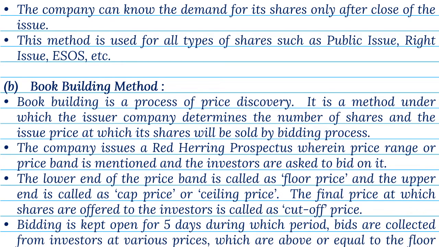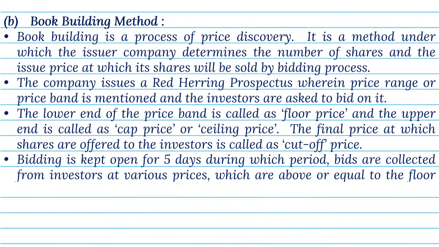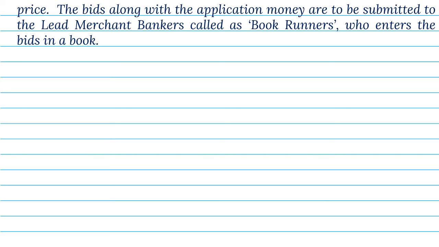Bidding is kept open for 5 days, during which period bids are collected from investors at various prices which are above or equal to the floor price. The bids, along with the application money, are to be submitted to the lead merchant bankers, called as book runners, who enter the bids in a book.